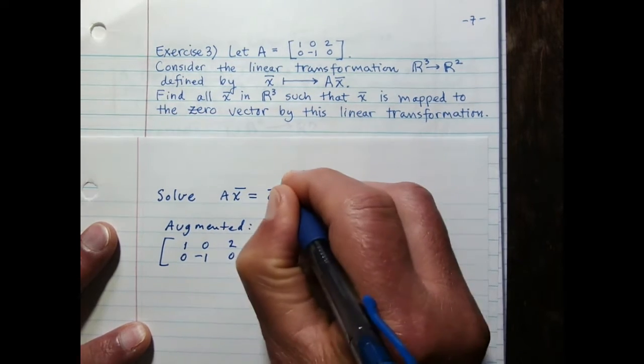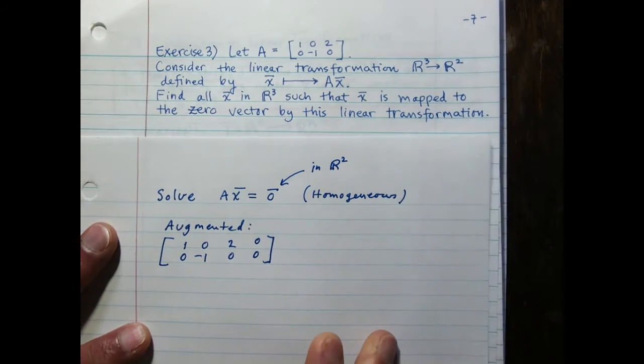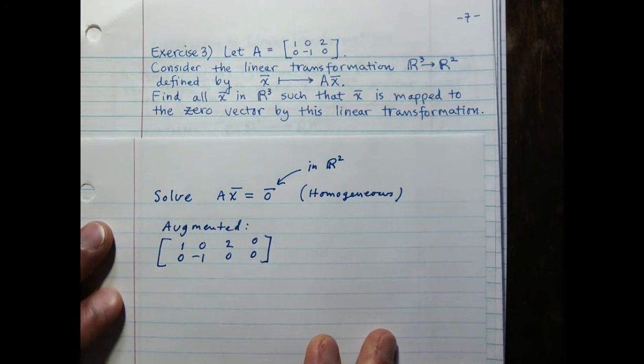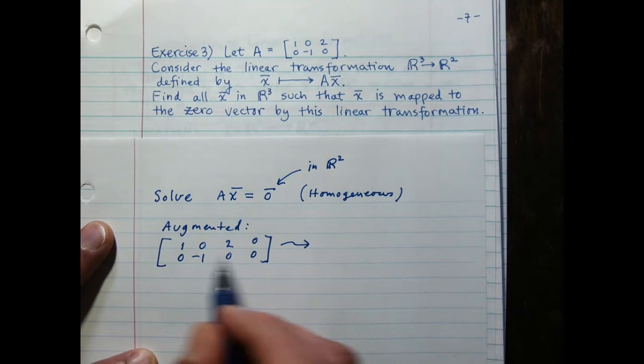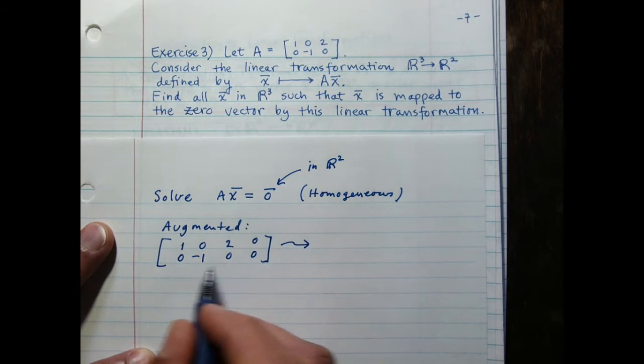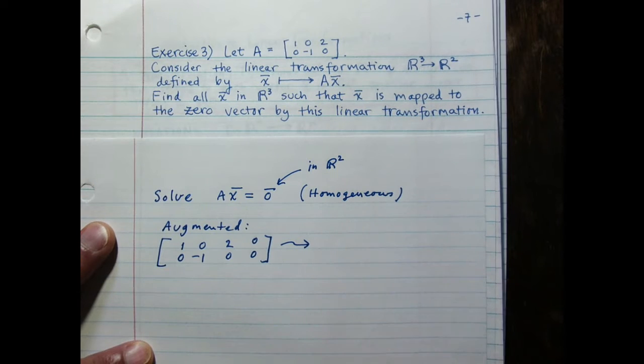So notice that this is a 0 in R2, the codomain space. And I'm going to apply row operations. And again, the point isn't the row operations in these, it's just because they're not complicated to reduce these couple examples we've been working in this section.